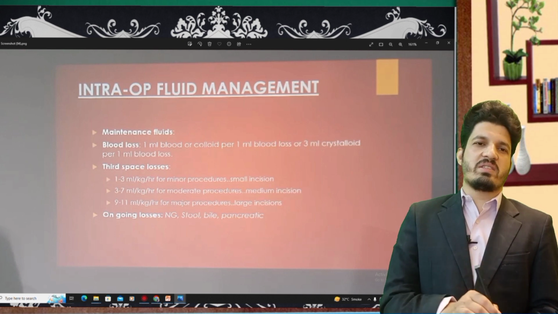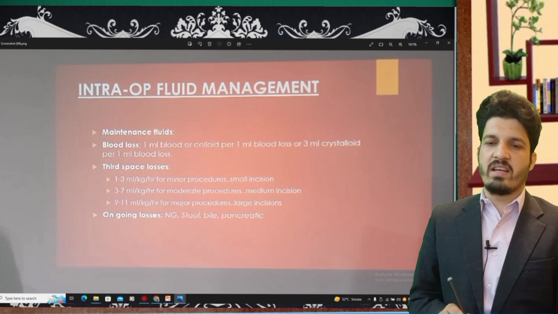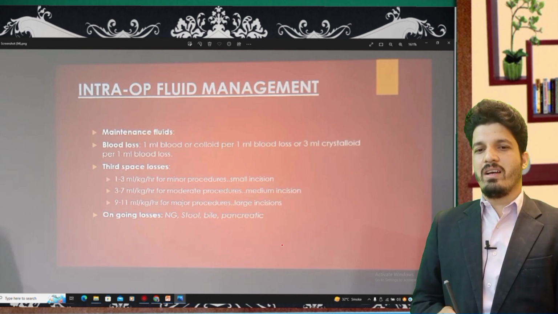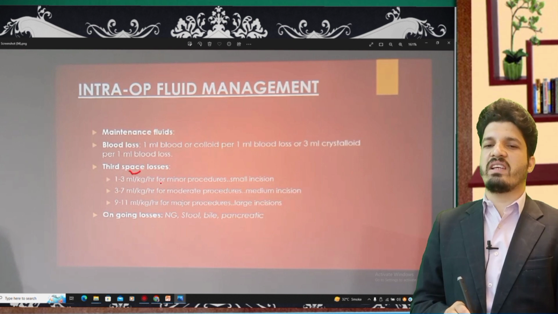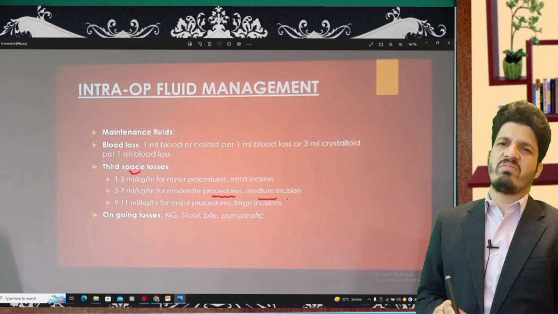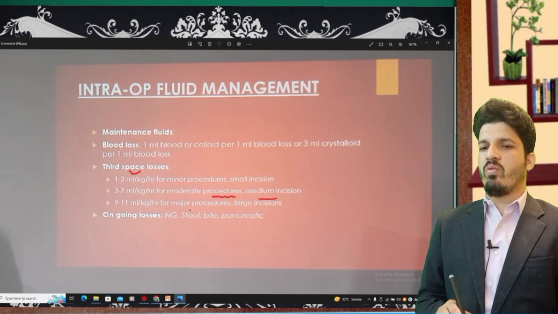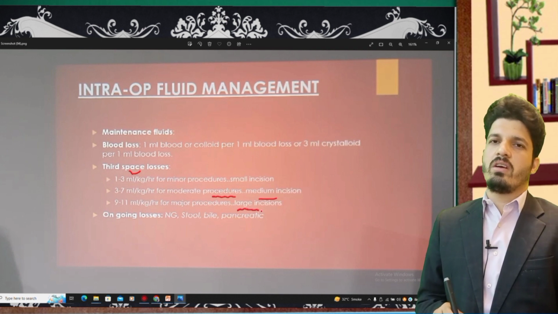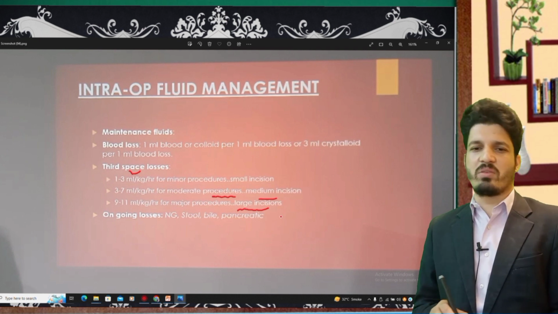In case of the third space losses, we have simplified things: if the incision is small, the patient will lose 1 to 3 ml per kg per hour, and 3 to 7 ml per kg per hour for moderate procedures like a medium incision, and 9 to 11 ml per kg per hour for major procedures, in which you have larger incisions like exploratory laparotomy.